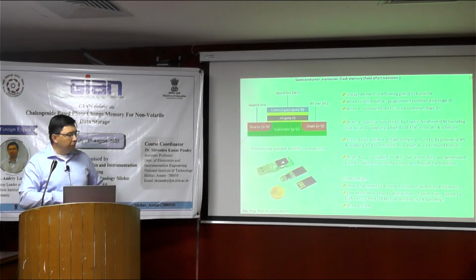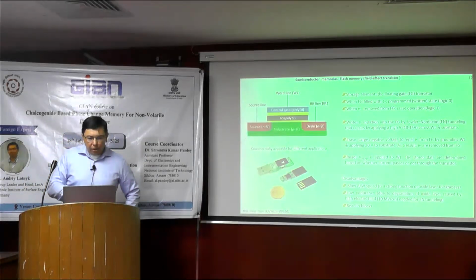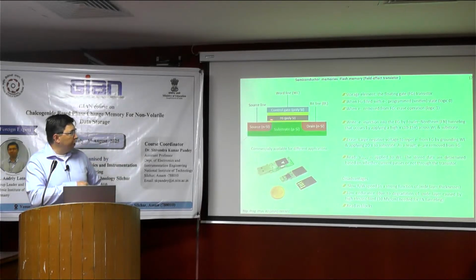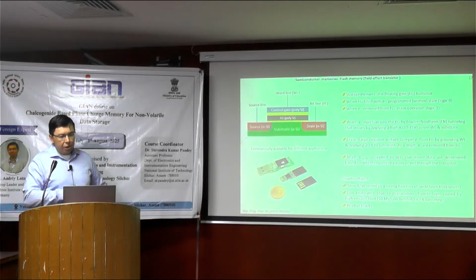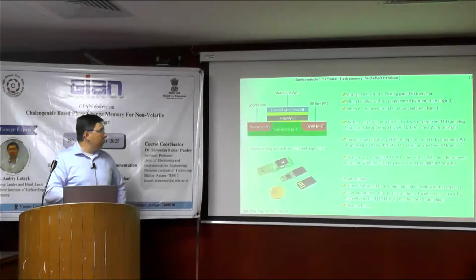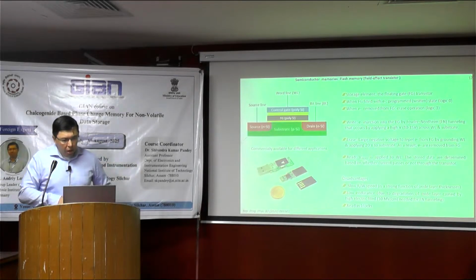The storage element is the floating gate element. Here, this is polycrystalline silicon. This is the silicon, this is the dielectric, and we also have the control gate made of polysilicon.